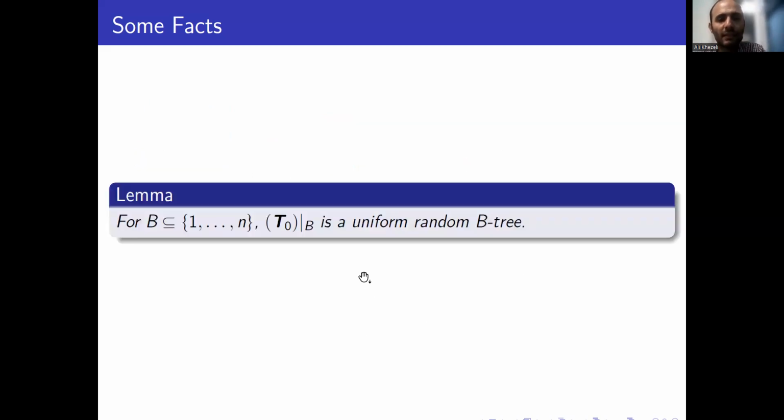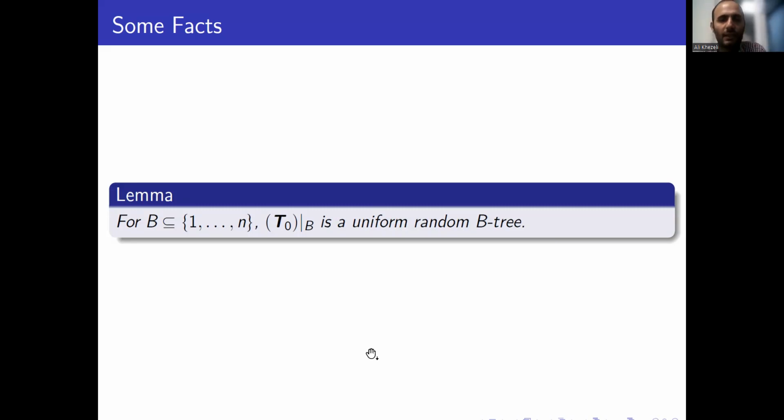Another lemma is that if we fix a subset B of the leaves and we look at the induced subtree on B, this is a random tree with leaf set B, and the lemma says that this random tree is uniform. So the model is consistent in some way. This allows us to do induction and things like that. The proof is by the lemma in the previous slide.